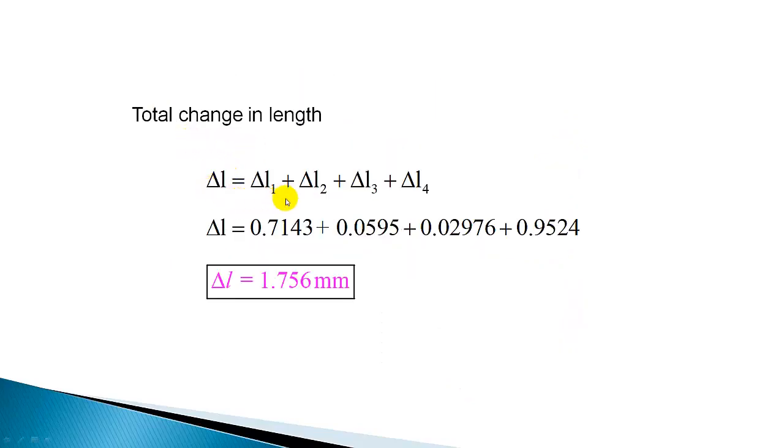So delta L is delta L1 plus delta L2 plus delta L3 plus delta L4. The summation of all the 4 values gives the total change in length as 1.756 mm. So this is the deformation produced in the stepped bar. So there will be an increase in length of 1.756 mm. That's all for today.